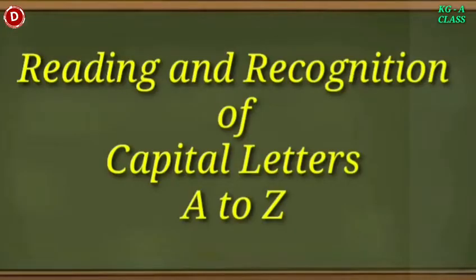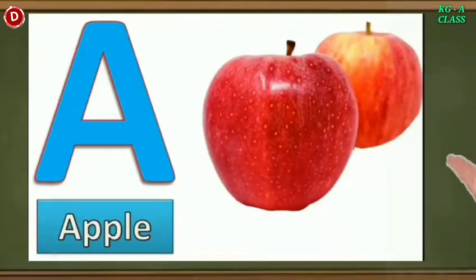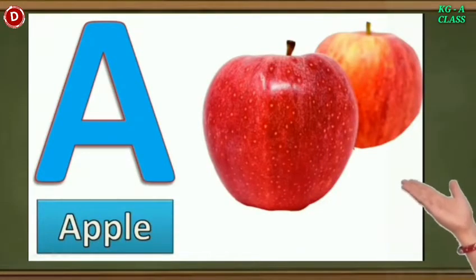Children, now let's learn and recognize capital letters A to Z with pictures. So let's start, you also speak with me. Now look here, children. This is capital A. A for apple.